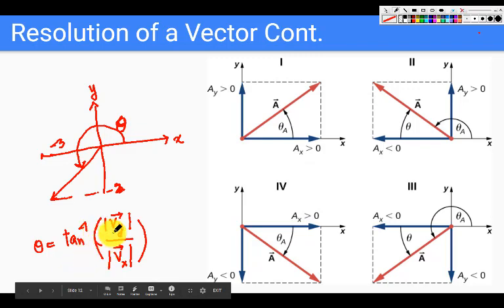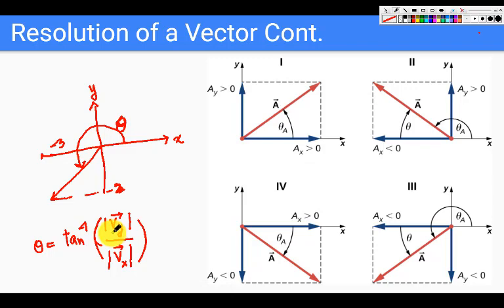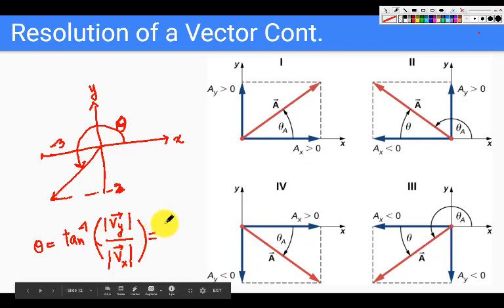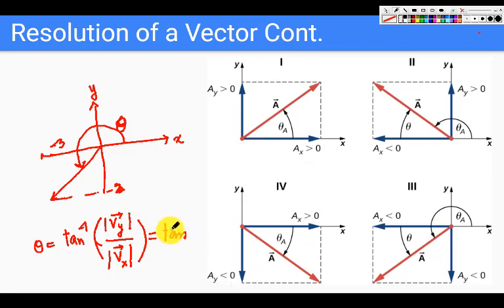So now in this case, vy is equal to 2 and vx is equal to 3. So this is equal to tangent inverse of 2 by 3. So here we are.